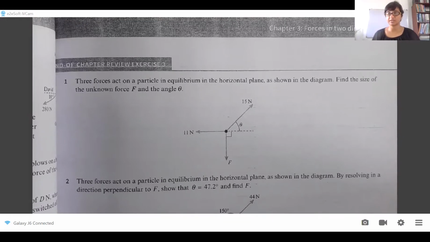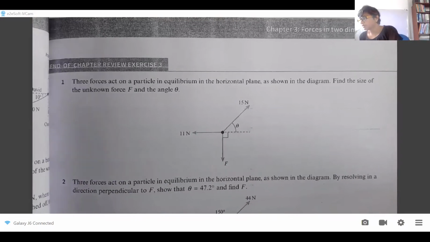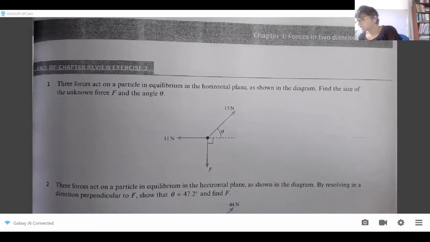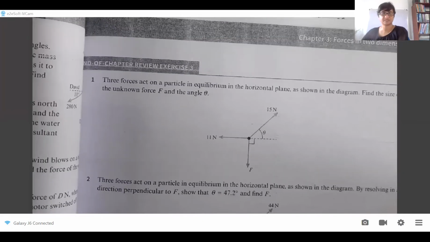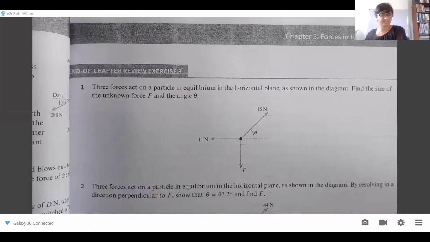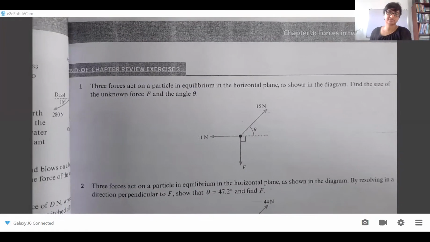Yes, it is in your book. This is chapter 3, end of chapter revision review exercise. The page is 77. The page might be different for you.